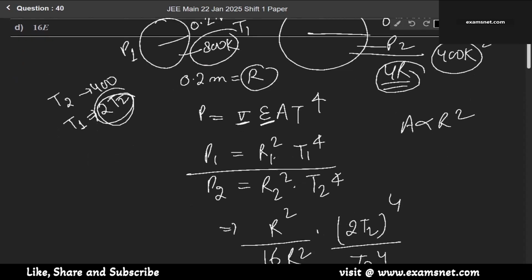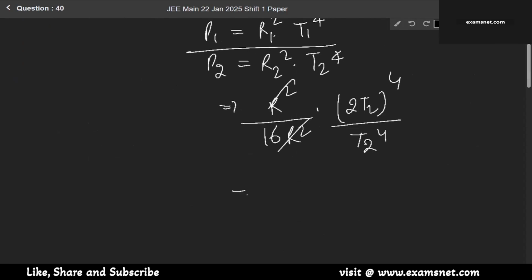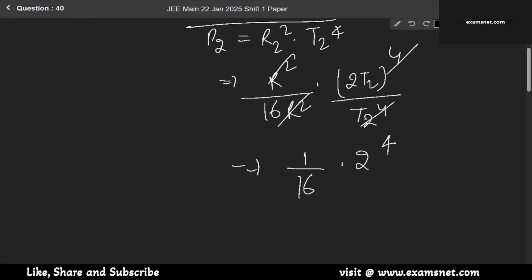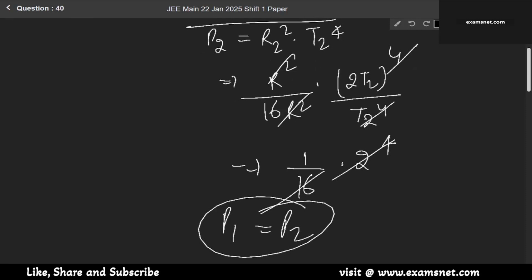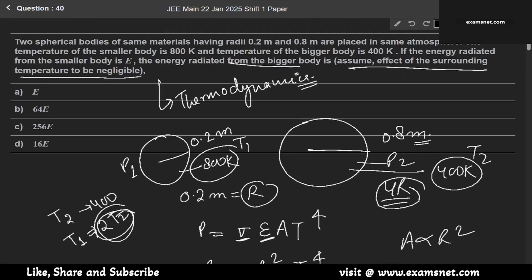T2 power 4 cancels out, so it is 1 over 16 into 2 raised to the power 4. Solving it, we get P1 equals P2. So the energy will be the same, which means option A is the correct answer.